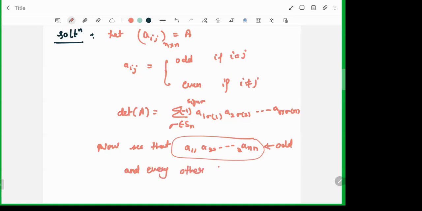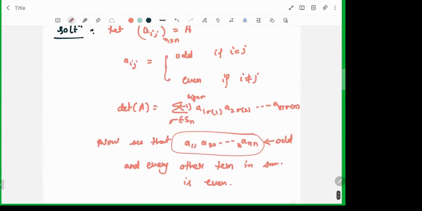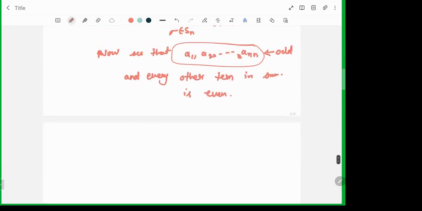So it cannot be zero. So the summation cannot be zero.